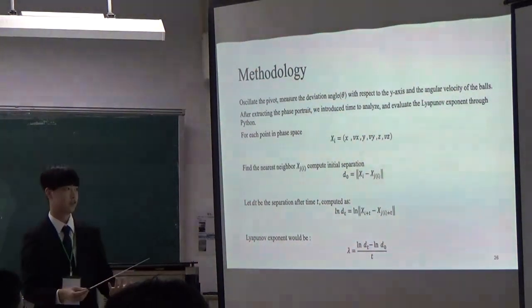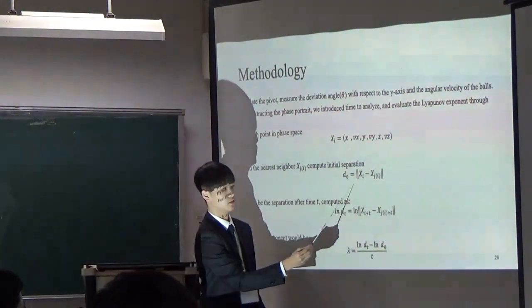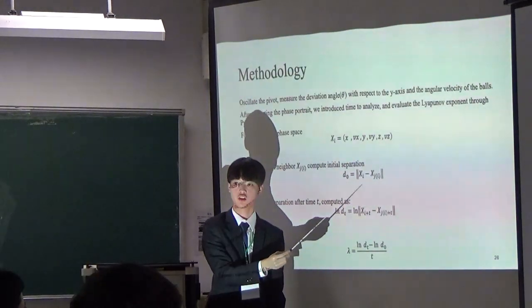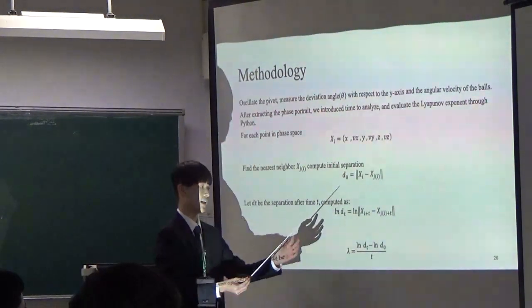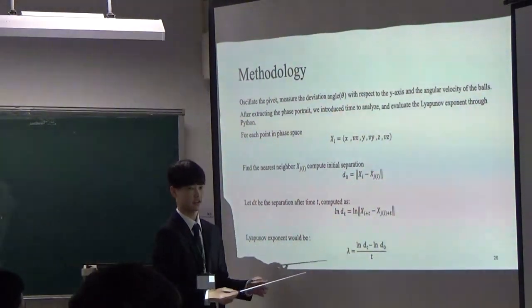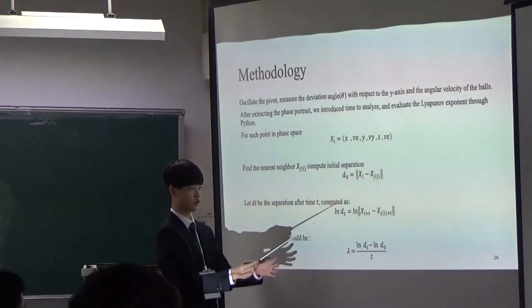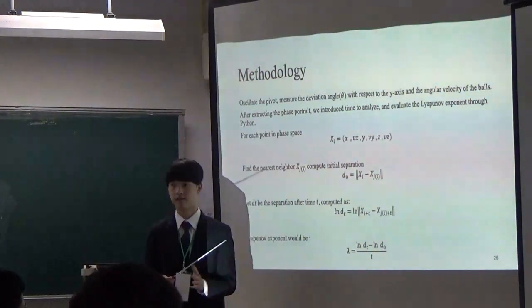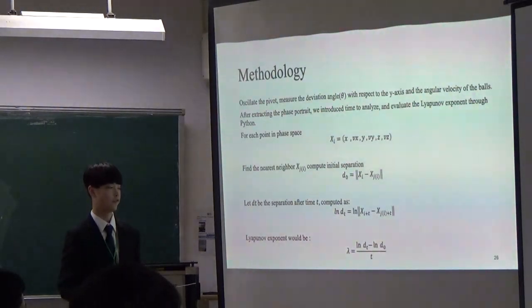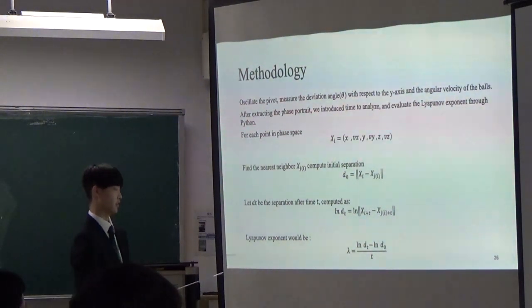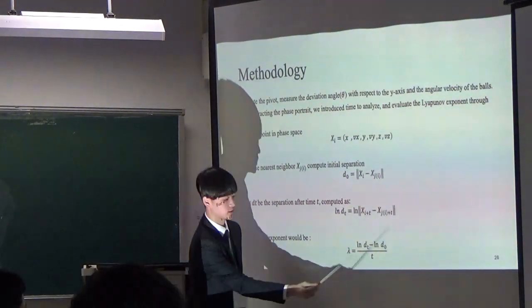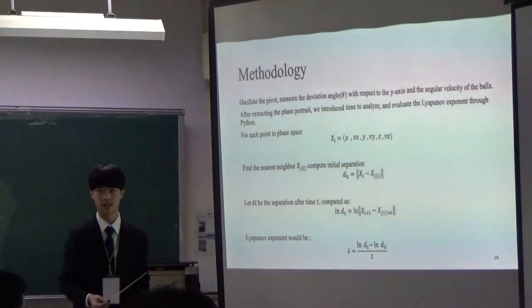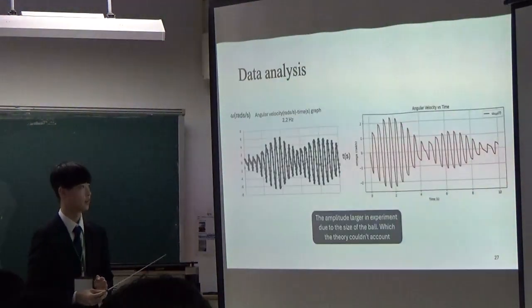In brief, it finds two points whose initial conditions are very close to each other, then calculates their distance, and uses this function to see if they move far from each other or not. The Lyapunov exponent will be this, which we will see is the slope of the graph.